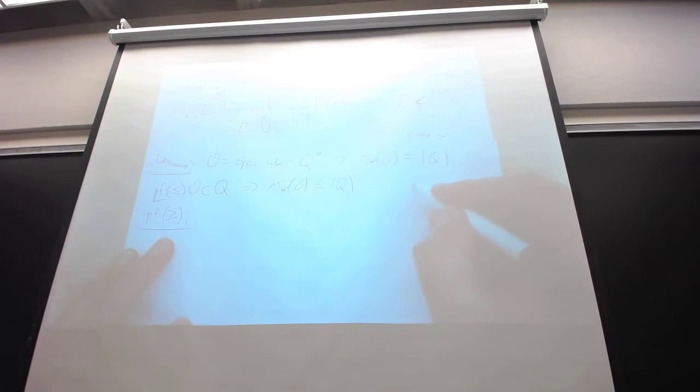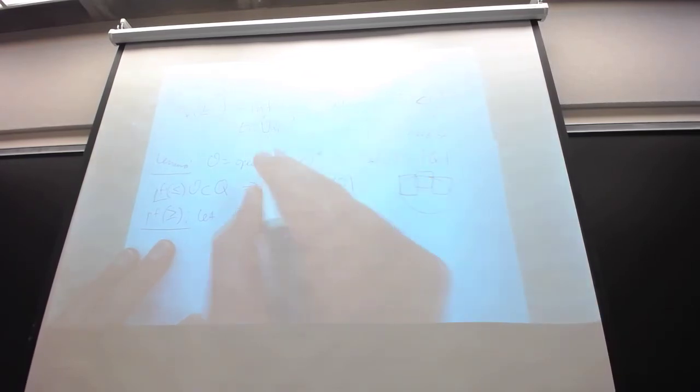So again, let me draw the open cube as that. We take an arbitrary cover of closed cubes. How come we can't do better than Q as a lower bound? Okay, so let O be covered by an almost disjoint countable union of cubes.